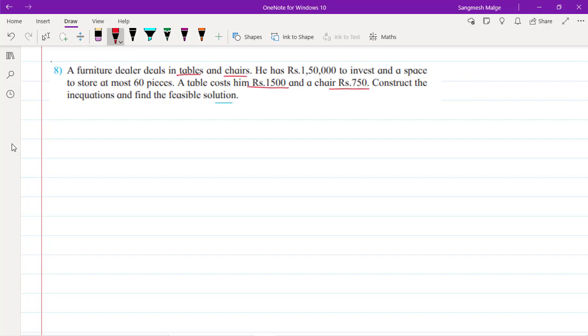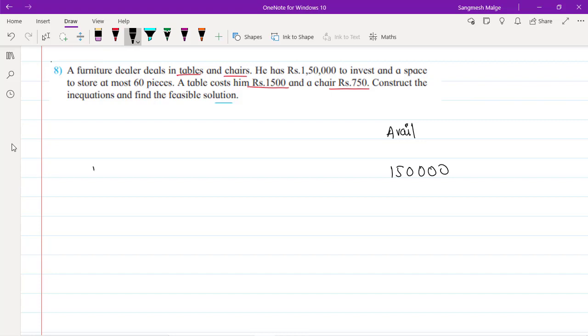Now tell me, which items will you take as vertical and which as horizontal? मतलब what will I write on this side and what will I write on this side. See, always remember, to remove this ambiguity, first write down the availability. Okay, so let's write down the availability. How much availability you have is 150,000 for the what?